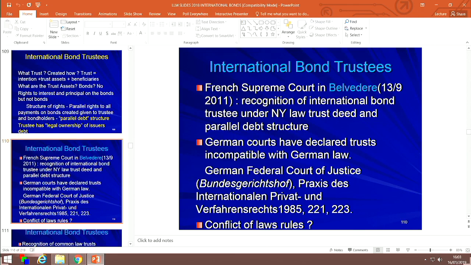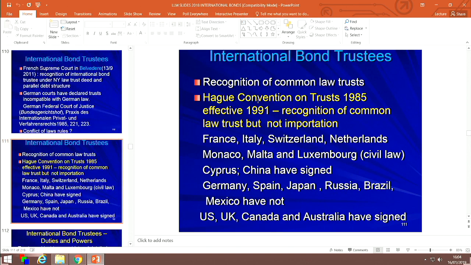The German Federal Court of Justice in what we call the Praxis decision in 1985 said, sorry, not going to recognize trustees. So that leaves quite a big problem for issuers wanting to use international bond trustees to manage their issue.